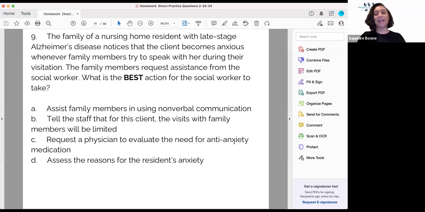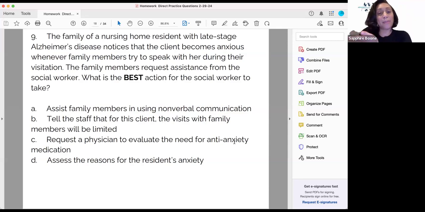I know that's kind of counterintuitive, but it's because you're replying to or addressing the family member's request. Anytime a client or anybody asks you a question, you want to make sure that you are addressing that with your answer.